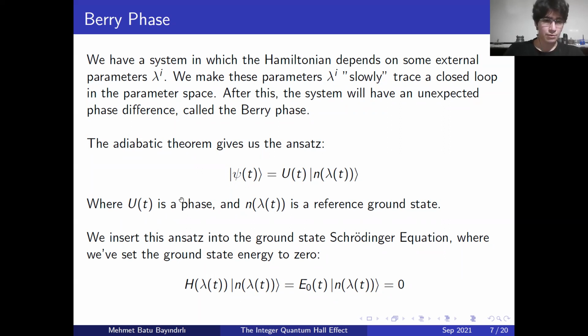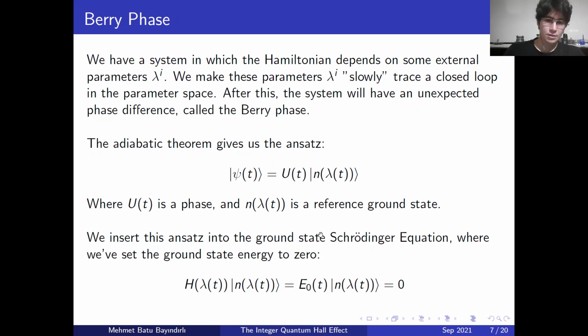So what we want to do is solve for u, to see what's the phase, and we assume that the ground state energy is 0. So we assume that we are in the ground state, and this eigenvalue equation, where H is an operator, in the ground state gives E0 equal to 0.